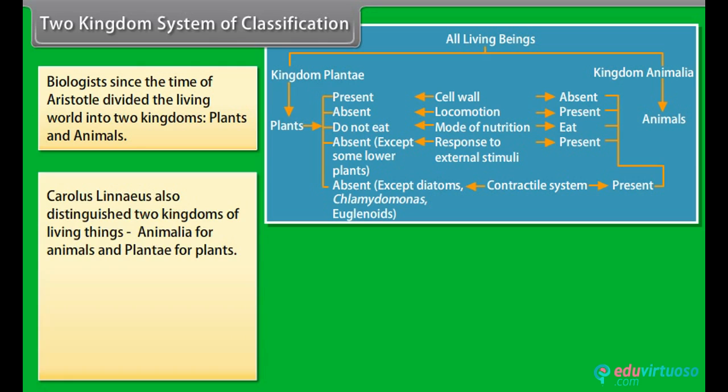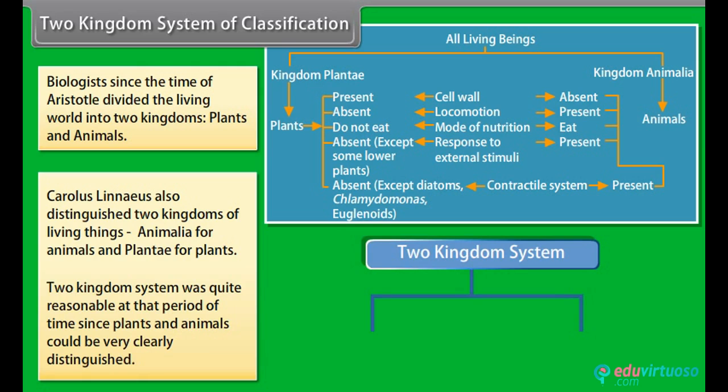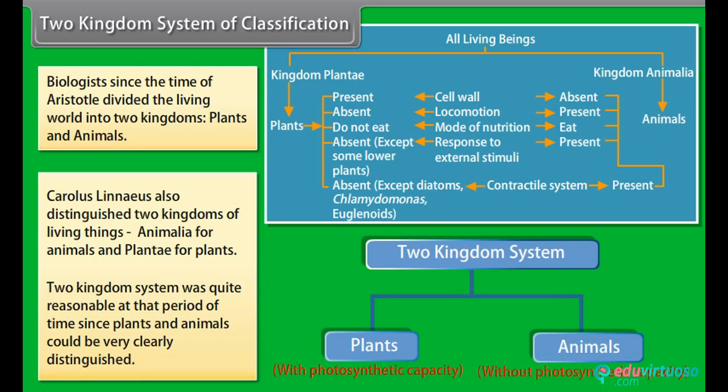Carolus Linnaeus also distinguished two kingdoms of living things, Animalia for animals and Plantae for plants. Two-kingdom system was quite reasonable at that period of time since plants and animals could be very clearly distinguished.